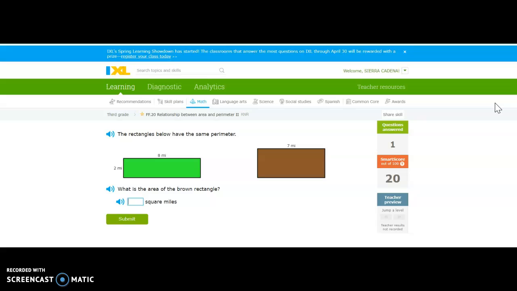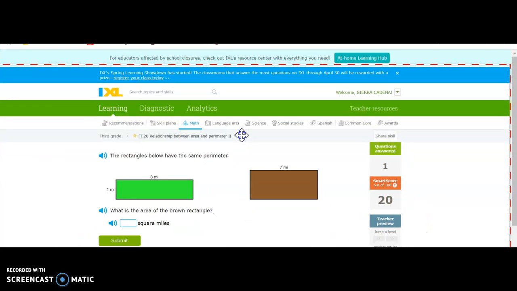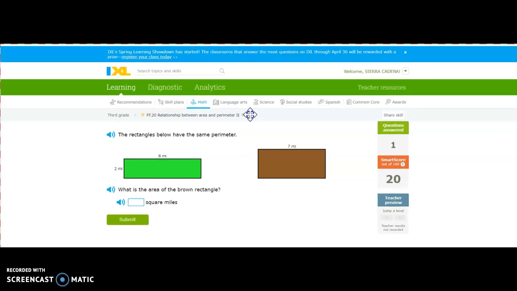Let's try another one. I'm going to go back over here. We'll try this one. So it says, the rectangles below have the same perimeter. So this green rectangle has the same perimeter.